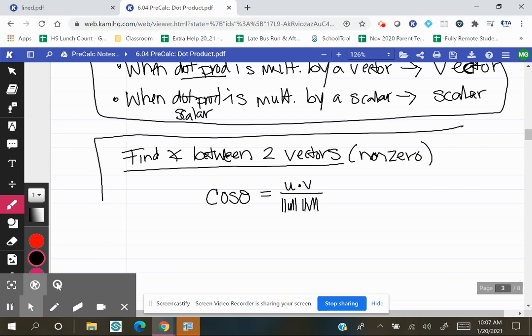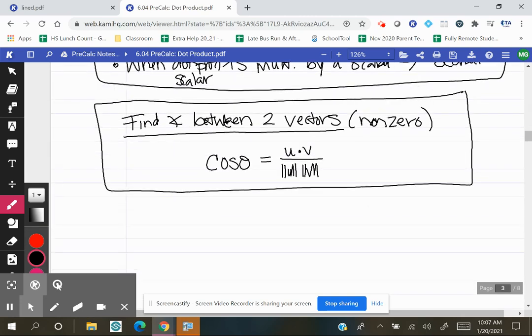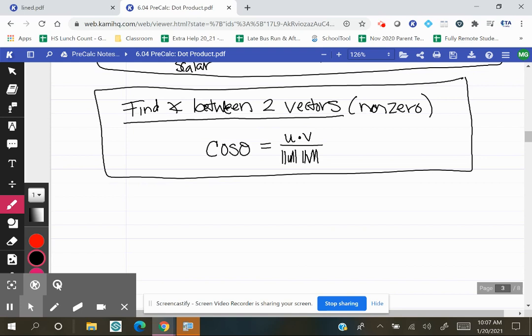Remember, to find the magnitude of a vector, you take the square root of a squared plus b squared. And our dot product gives us a scalar. So when we multiply and divide all of these together, it should give us a scalar quantity. And then you're just doing inverse cosine to find that angle.